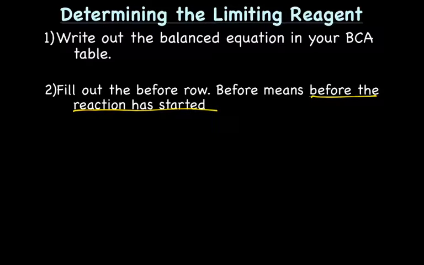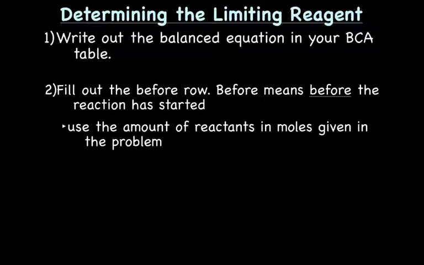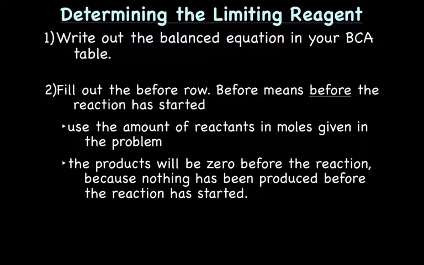You're going to use the amount of reactants in moles. Moles is really important, given in the problem. If you're given mass, you first have to convert to moles and then use the table. And the products are going to be 0, because it's before the reaction has started, so we haven't actually produced anything yet.